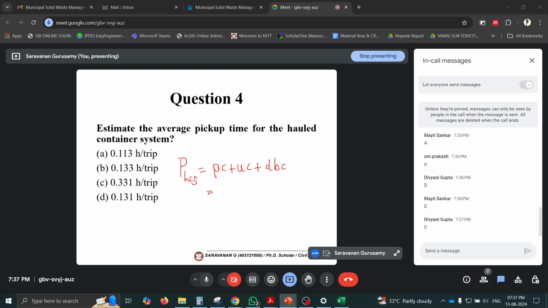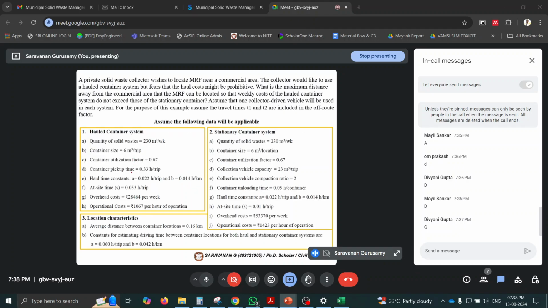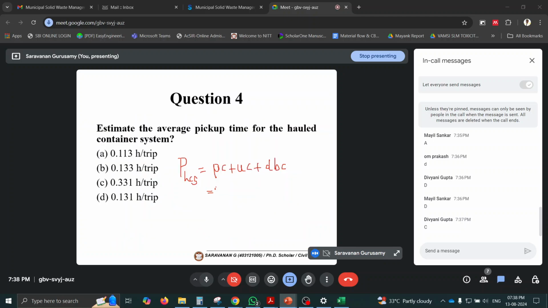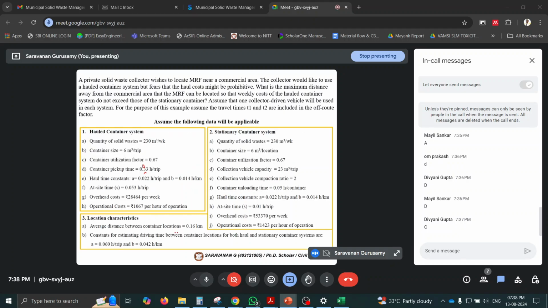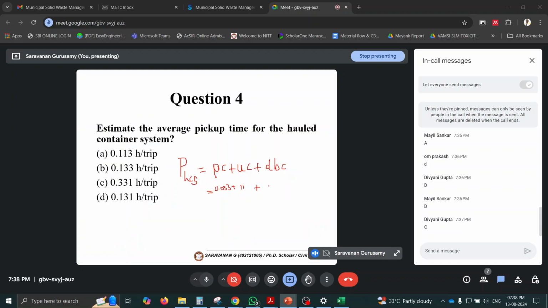In the question, actually it's 0.033. Kindly change this: container pickup time is 0.033 and the unloading time is again 0.033. And DBC, the distance traveled between the containers, is 0.16 kilometer. A and B are also given, so you can substitute A plus BX.